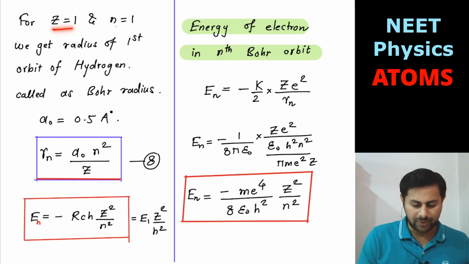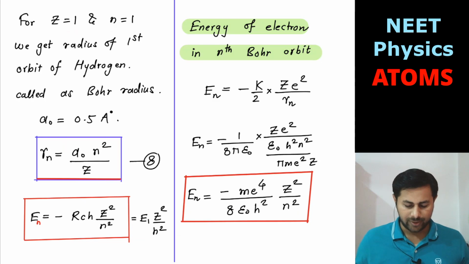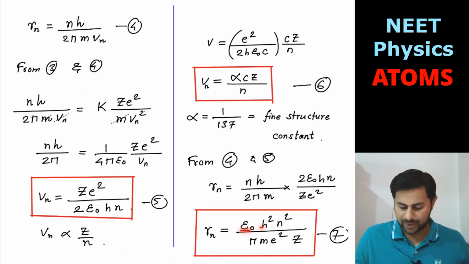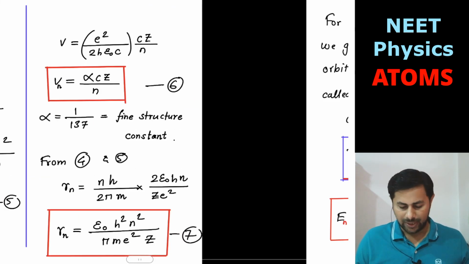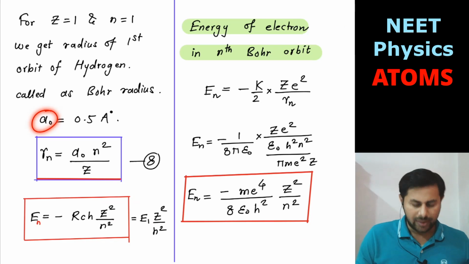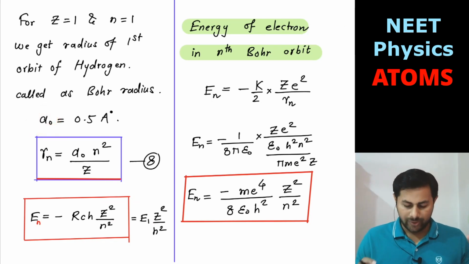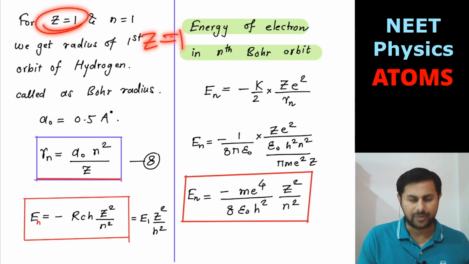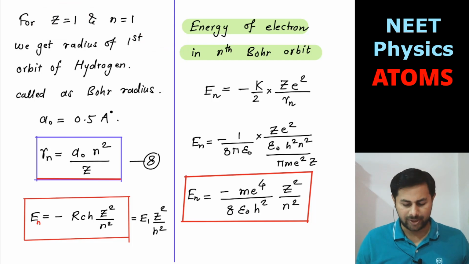Then if you put z equal to 1, n equal to 1, and substitute all other values, epsilon naught, h, mass of electron, then charge on electron, you get the radius of first Bohr orbit of the hydrogen atom. Why hydrogen atom? Because we have put z equal to 1. Z equal to 1 means atomic number is 1, so this is hydrogen atom.